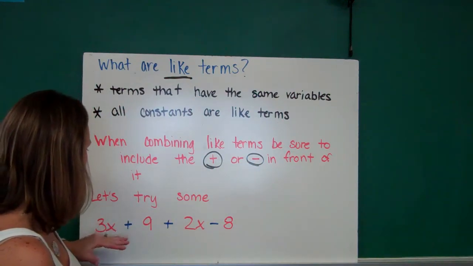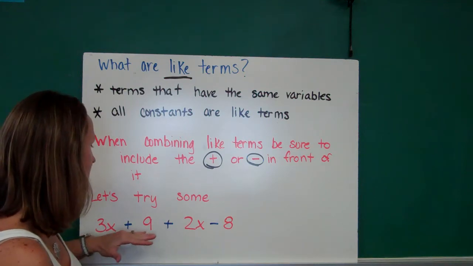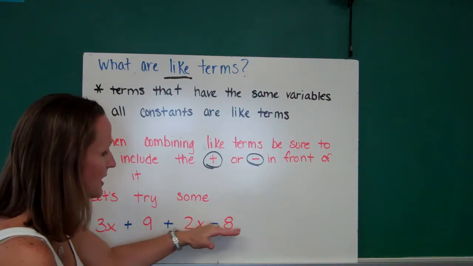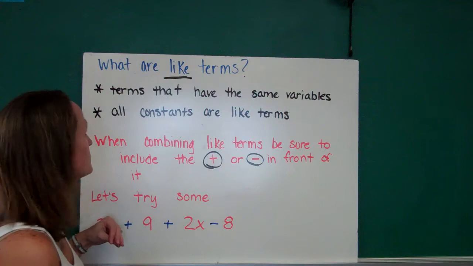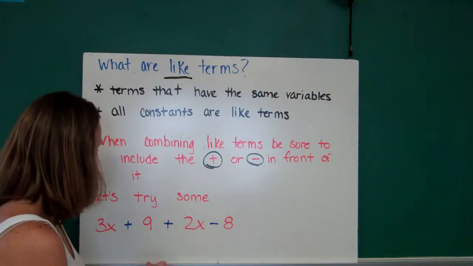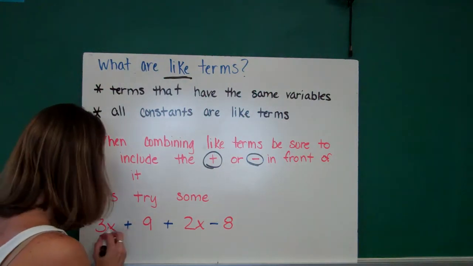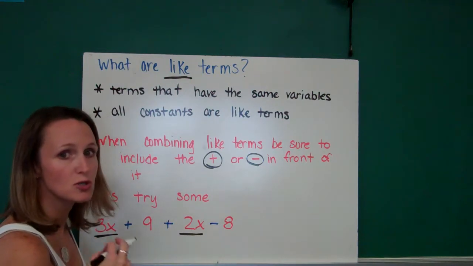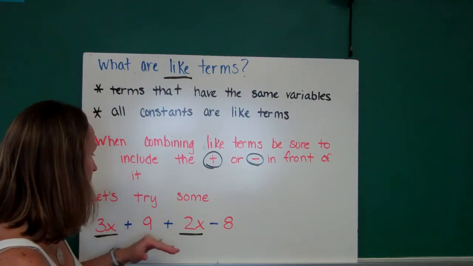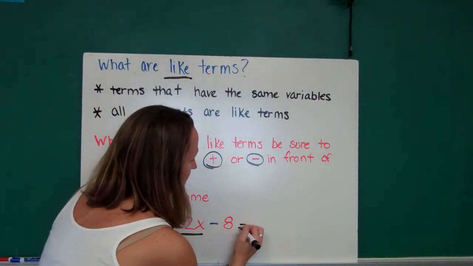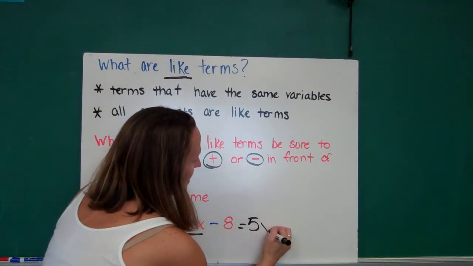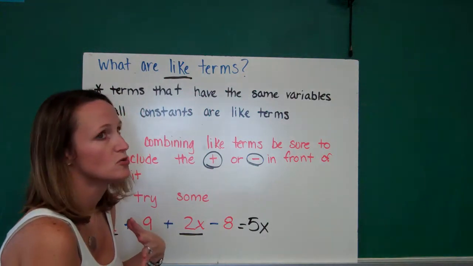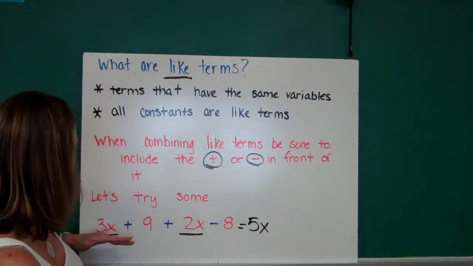Okay, so let's try some. We have 3x plus 9 plus 2x minus 8. We want to combine the like terms. So what are our like terms? Well, here we have 3x and 2x. Those are like terms. So 3x plus 2x is going to give us 5x. Now, we don't have to use our exponent rules.